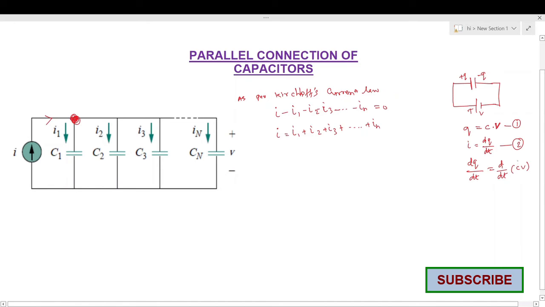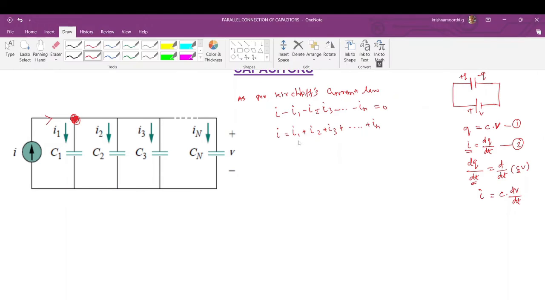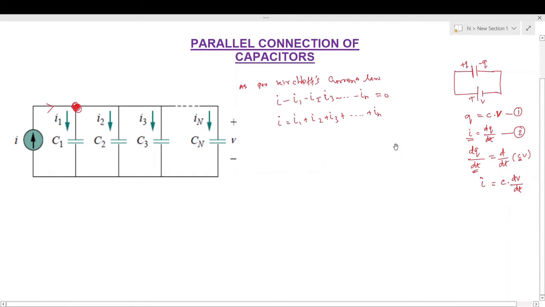As we know that capacitance is constant, on solving this with the differentiation formula, we will get C into dV by dt, and in place of dq by dt we can write I. Now this is the value of I which we need to apply in this equation. Now we will start to apply.